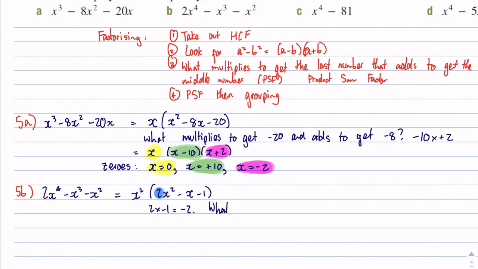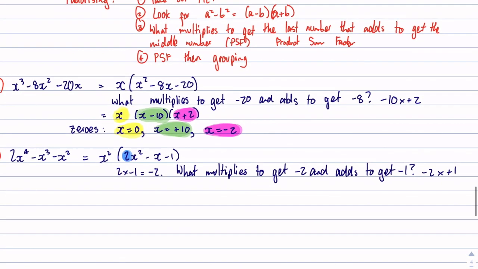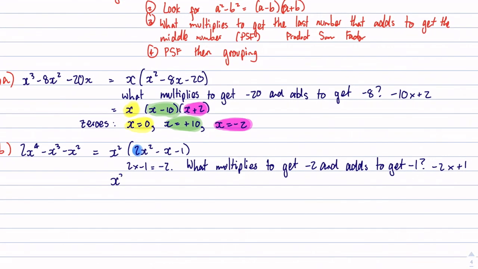What multiplies to get negative 2 and adds to get negative 1? Well, negative 2 and positive 1. So this time, we don't just put it straight in the brackets. We have to write 2x squared, take 2x, plus 1x, take 1.